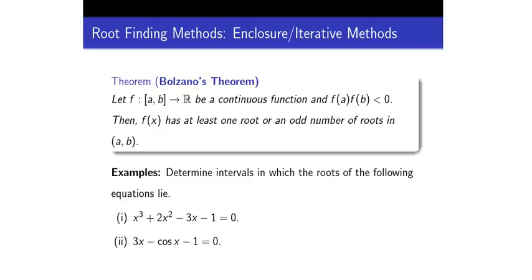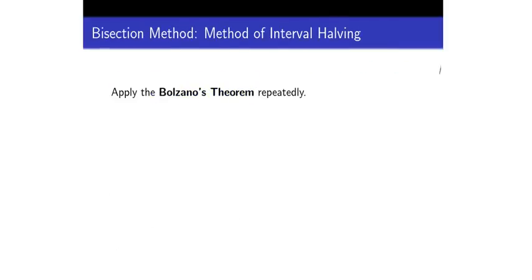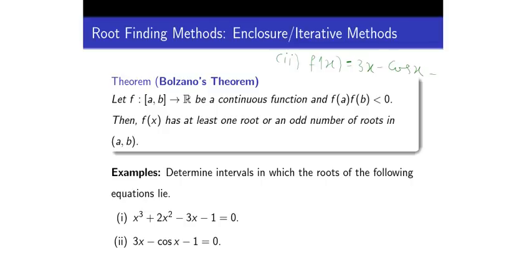In the second problem, f of x is equal to 3x minus cos x minus 1. If you see f of 0, that is minus 1 minus 1, which is minus 2, less than 0.